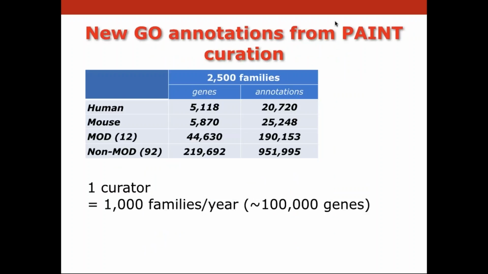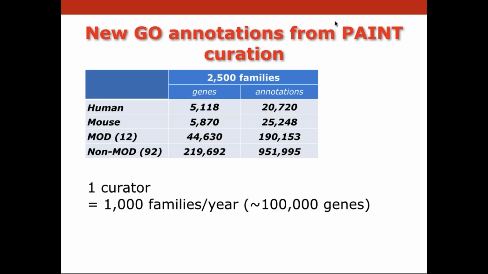So this is to give you some idea of how much more we can do using this more efficient curation system. As of last year, we had 2,500 different families curated. The families are based on PantherDB, and right now there are about 10,000 families in the whole PantherDB set, so we've done about a quarter.